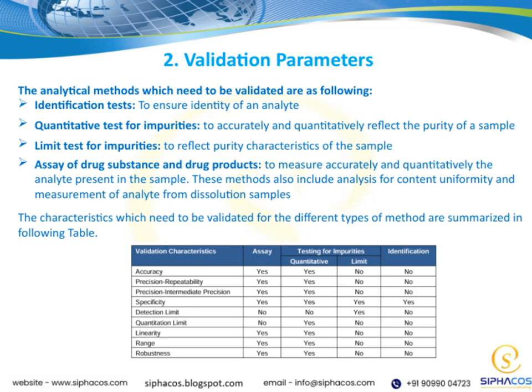Finally, all these methods have specific characteristics that need validation, and we'll see a summary of these in the following table. Validating these parameters ensures our analytical methods are reliable, consistent, and fit for purpose, which ties directly into our overall goal of delivering safe and effective pharmaceuticals.